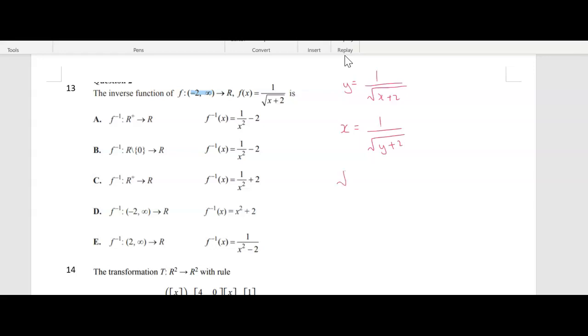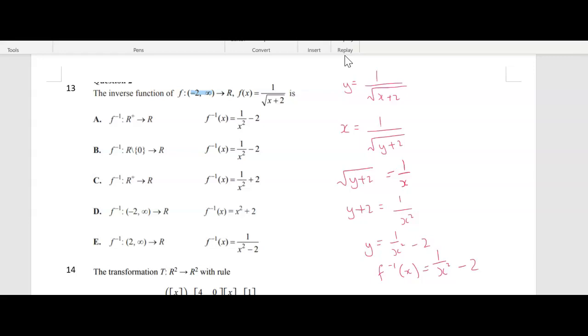So I'm going to have the square root of y plus 2 is equal to 1 over x. I'm going to square both sides. So 1 squared is 1 and x squared is x squared. And then I'm going to take away 2 from both sides. So your inverse is 1 on x squared minus 2.